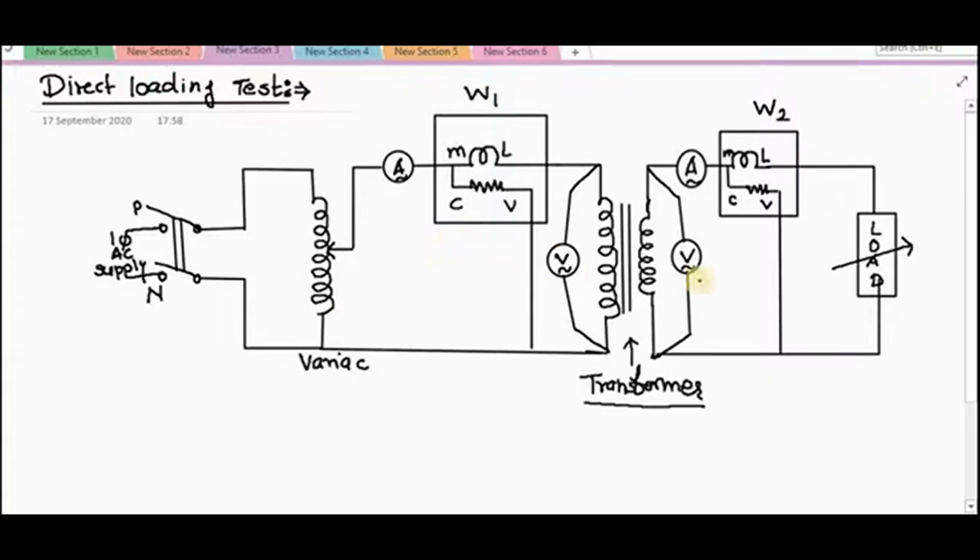So by varying the loads in suitable steps, which means we have to vary this load in suitable steps, readings are taken on all the meters which are connected on the primary and secondary side. These readings we have to take from no load to about 25% above full load.